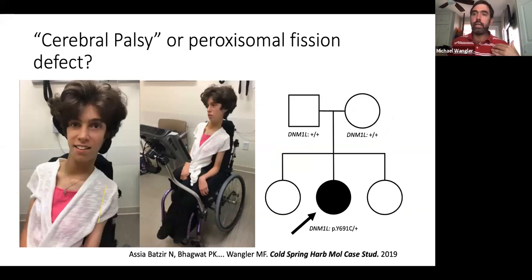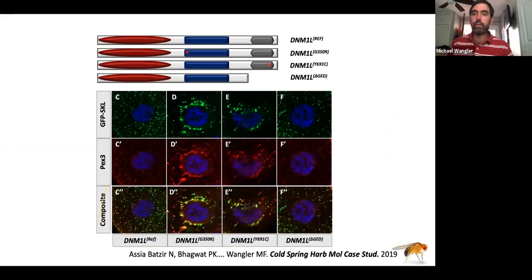She came to us because she had been labeled as having cerebral palsy her entire life. And we actually found through exome sequencing and then characterization, shown here in Drosophila, that her mutation causes peroxisomes to sort of aggregate and fail to divide. And so she actually has a defect in a gene responsible for mitochondrial and peroxisomal fission.